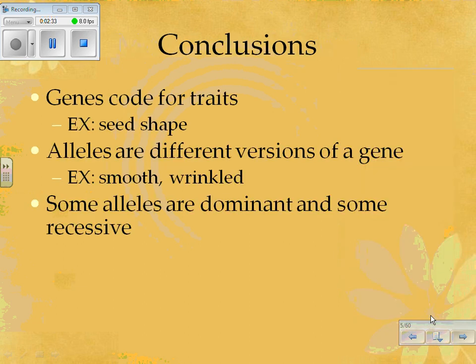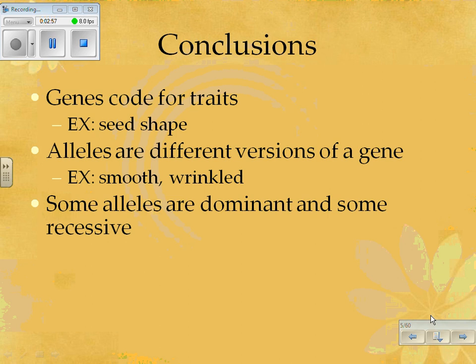So he thought to himself, he did some more experiments, and he said that genes code for traits. And he also said that, with each trait, there are alleles, different versions of the gene for each particular trait. For instance, smooth and wrinkled.